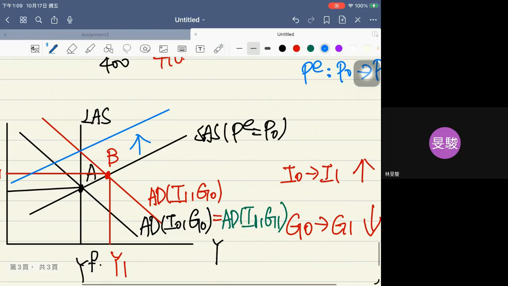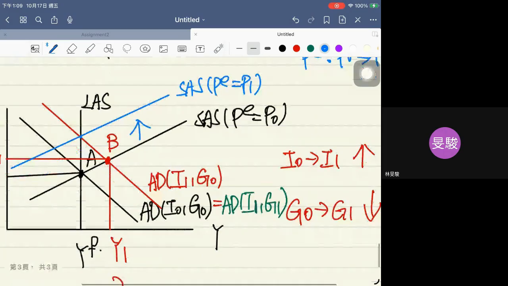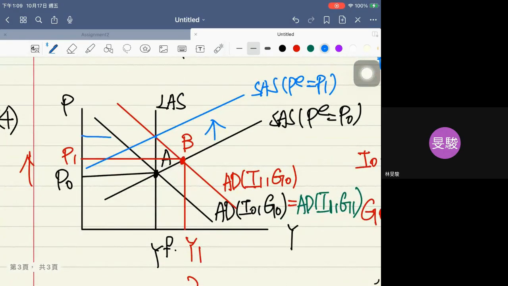The output will be on the long run aggregate supply, but the price level will change from P1 to P2, which is higher. Okay, so let me repeat.